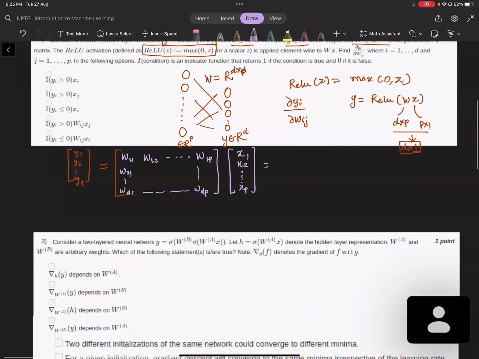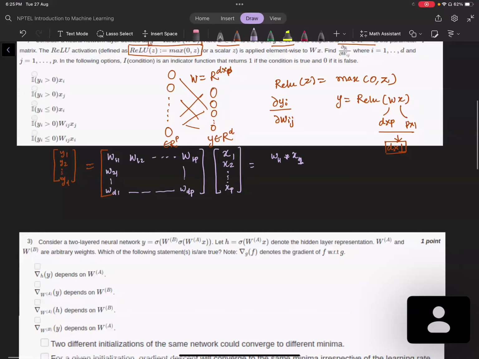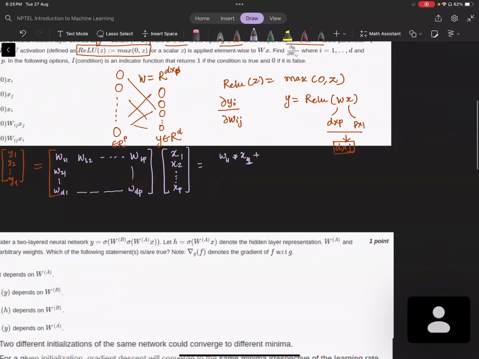That will equal w11 times x1 plus w12 times x2 up to plus w1p times xp.